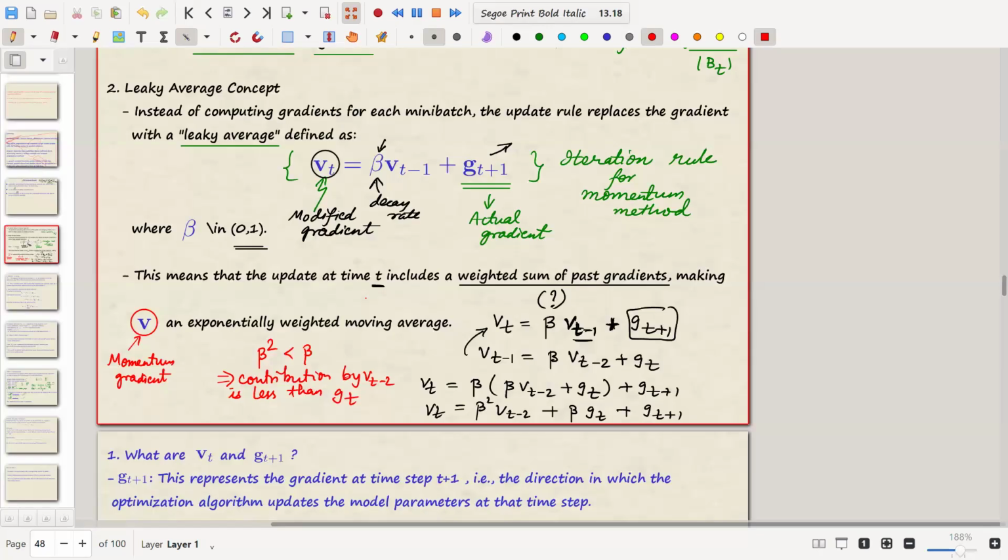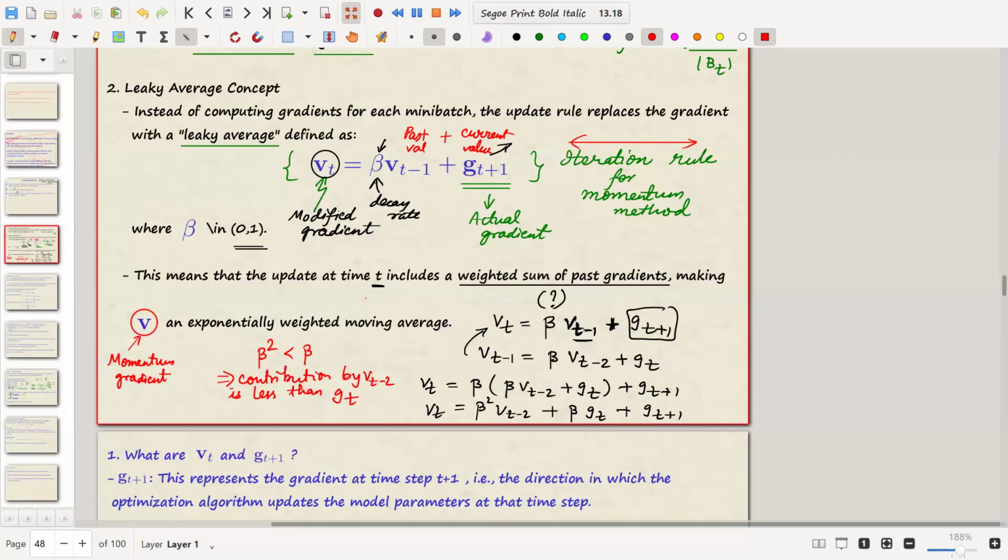You modify it according to this iteration rule, that is, you are multiplying the past values, these are the past values plus the current value. So the momentum method is you give respect to past values. That's it. If beta equals 0, what do you get?